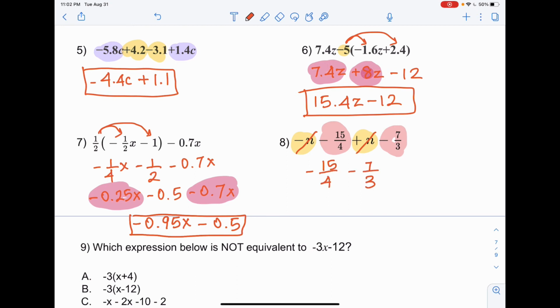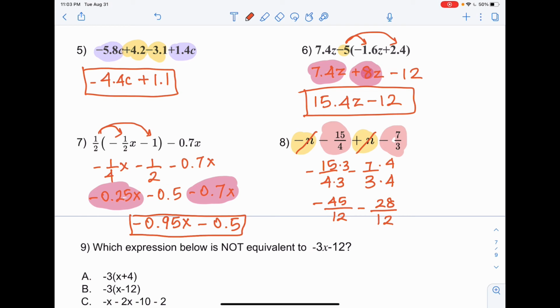We have to use now fraction skills for subtraction, and also integers, because you have two signed numbers here. So we're going to multiply this by 3 and by 4 to get like denominators. So from here, it is going to be negative 45 over 12 minus 28 over 12.